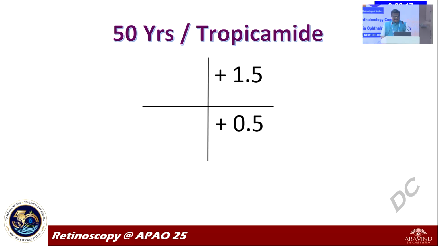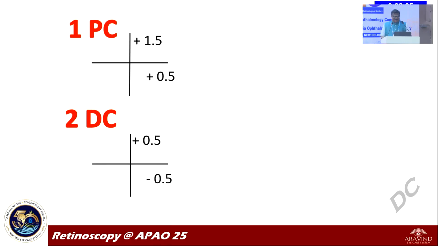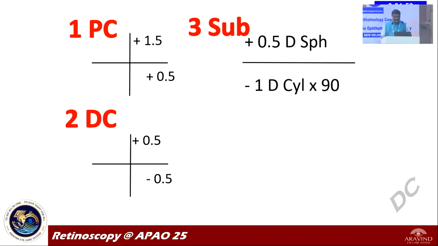This is another one. 50 years, plus 1.5 and 0.5. Now what happens to the distance correction? Can anybody tell? 1.5 will become 0.5. And remember, plus 0.5 will become minus 0.5. Okay, plus 0.5 and minus 0.5. Subjective, I have taken a plus 0.5 because I want a minus cylinder.